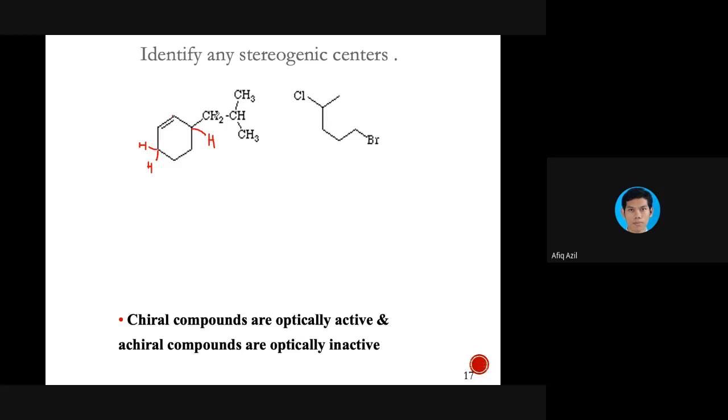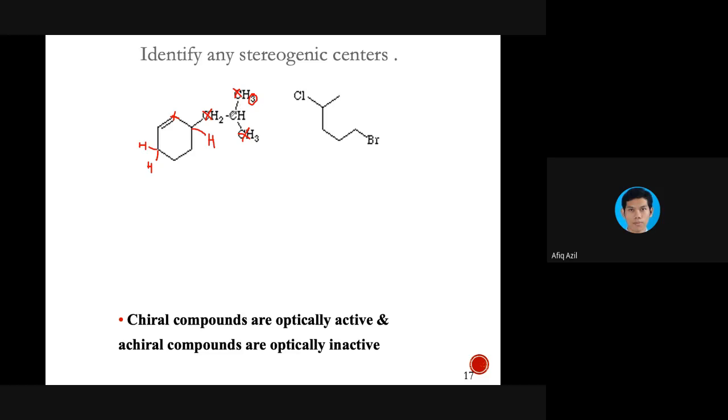Then how about this one? If you look, it is bonded to two hydrogens, so definitely cannot. This one also cannot. Then these two terminal carbons are still sp3 hybridized, but there are three hydrogens, so they also cannot be considered stereogenic centers.